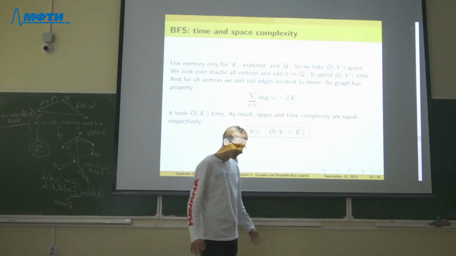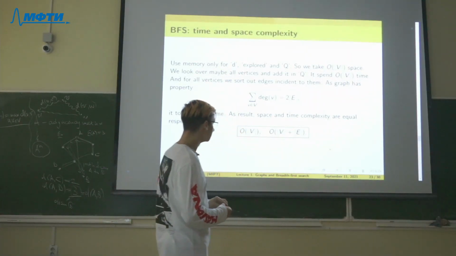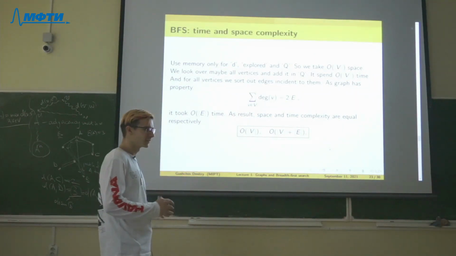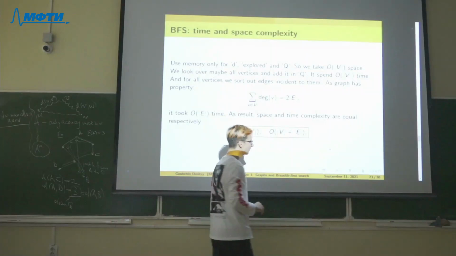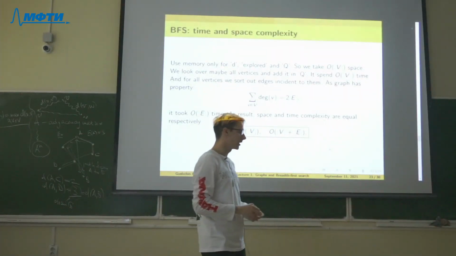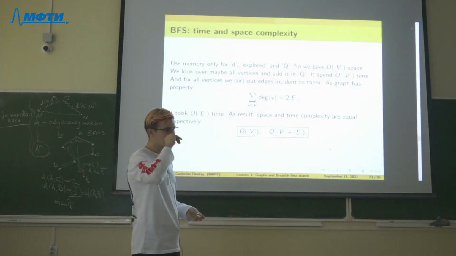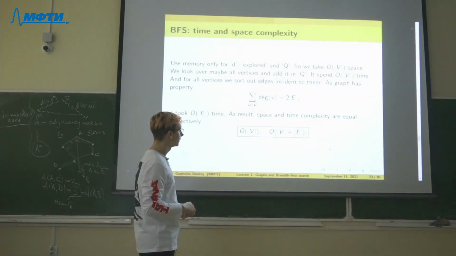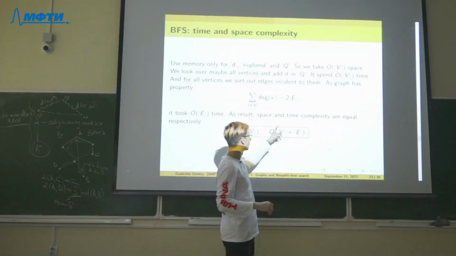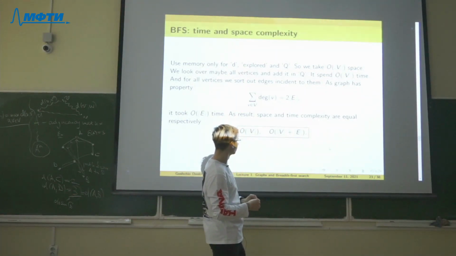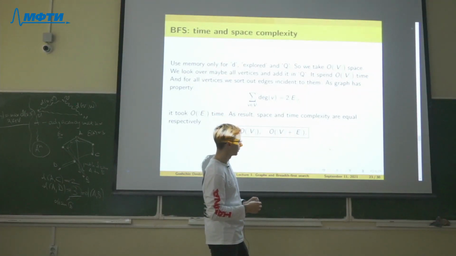But if we have a nearly full graph, and the number of edges is, for example, the number of vertices squared divided by 2, or divided by 3, we get a square in the worst case. Yes, of course, in the worst case.